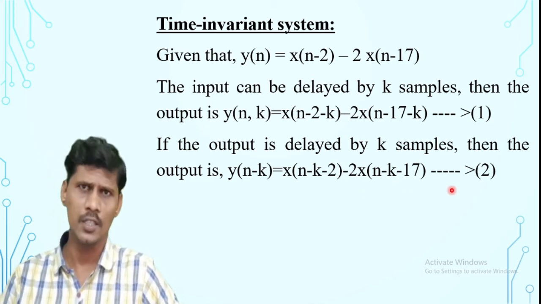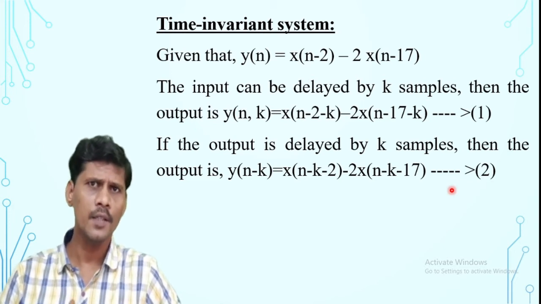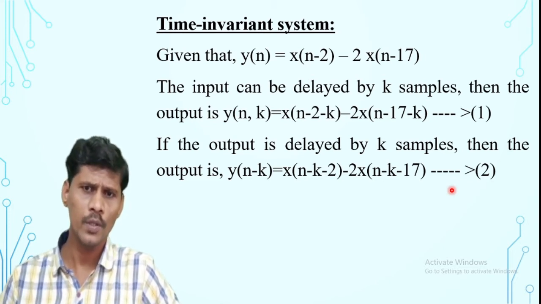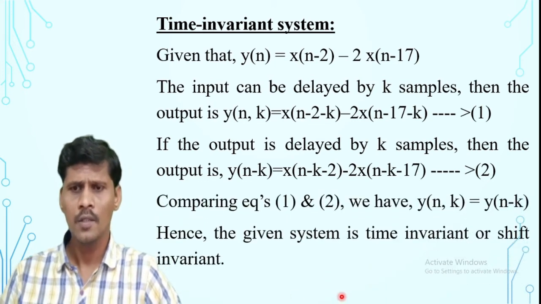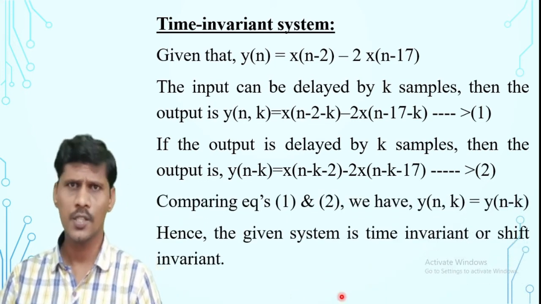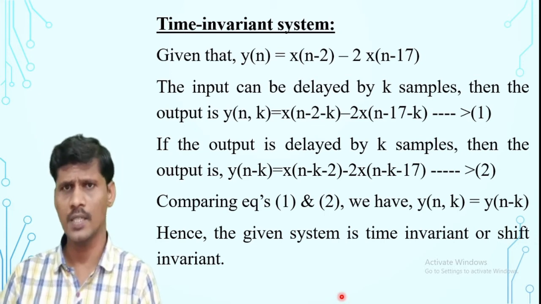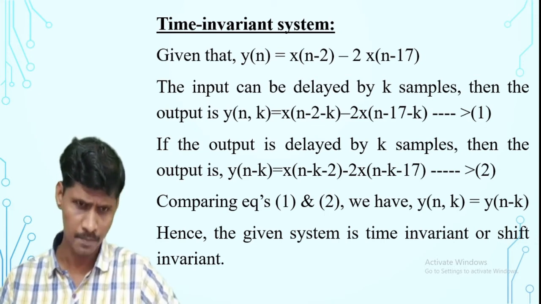That is considered as equation 2. So comparing equation 1 and equation 2, we get y of n comma k is equal to y of n minus k. So the time invariant condition is satisfied, and the given system is a time invariant system.